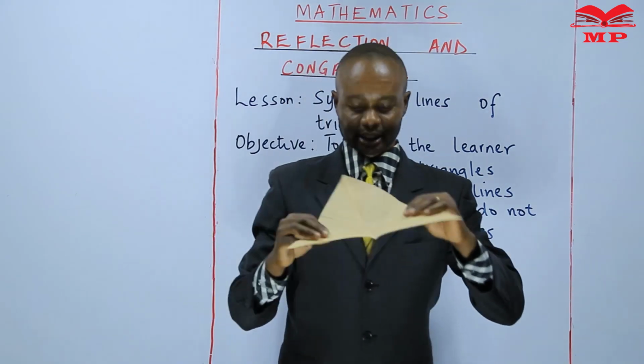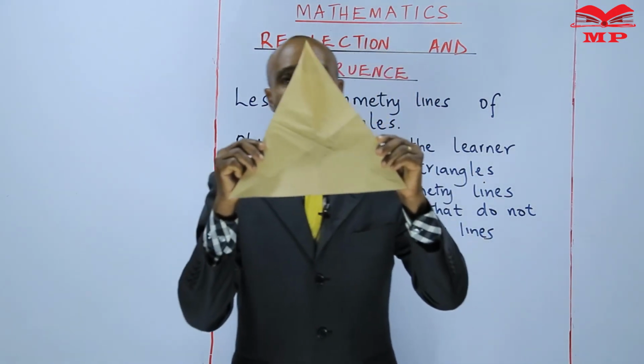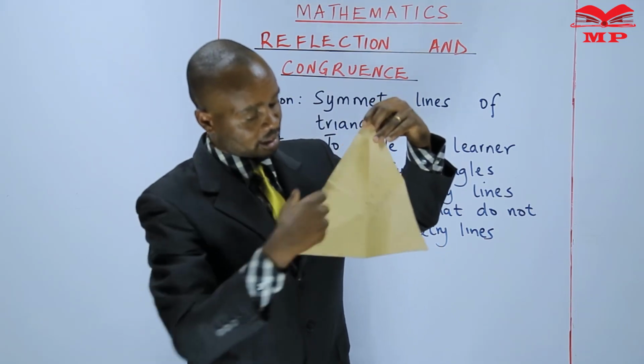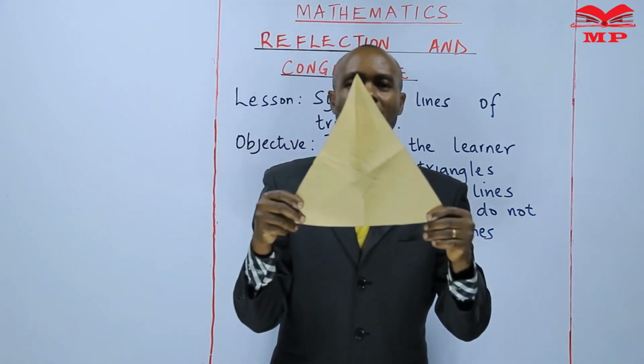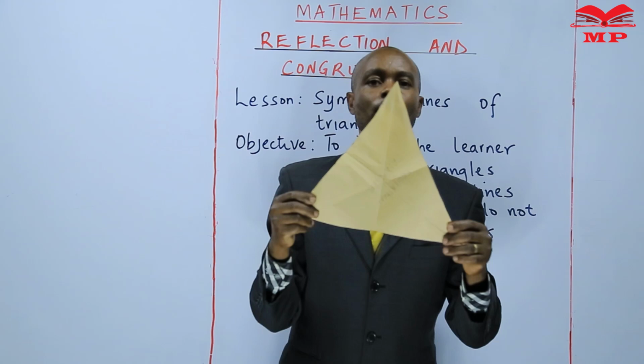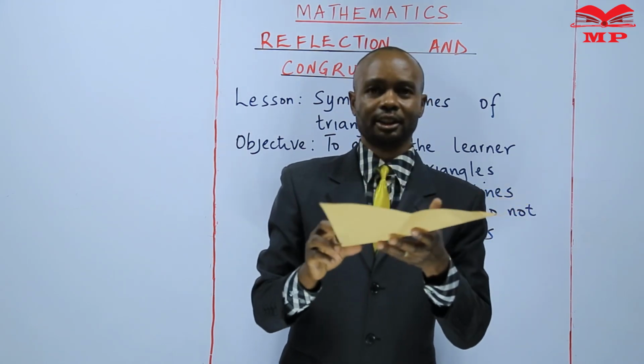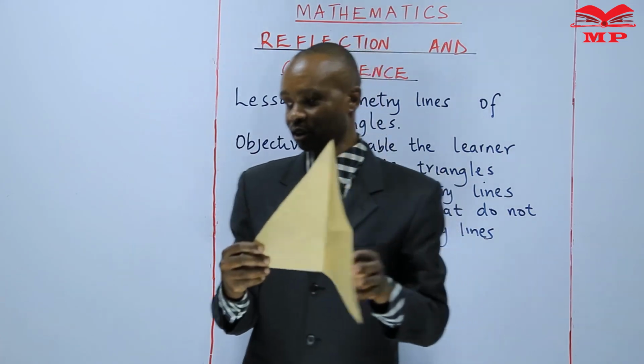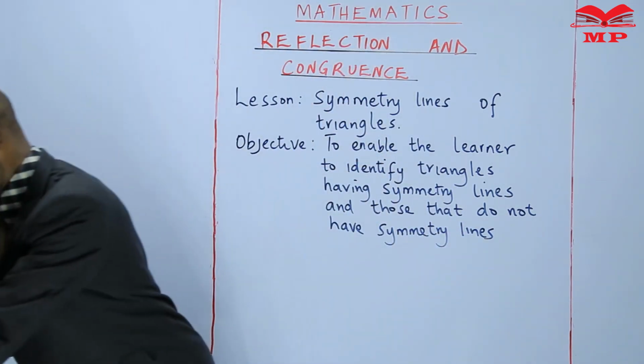You'll get another line of symmetry. And in fact, the lines have already traced themselves out on the paper. So an equilateral triangle will have three lines of symmetry.